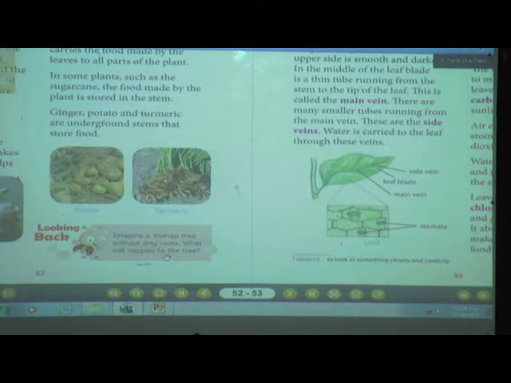If they don't have any roots, how will the tree get water? How can the tree stand properly, straight? Not possible at all. So a mango tree without roots will topple over and fall down, and it will not get water and minerals from the soil.